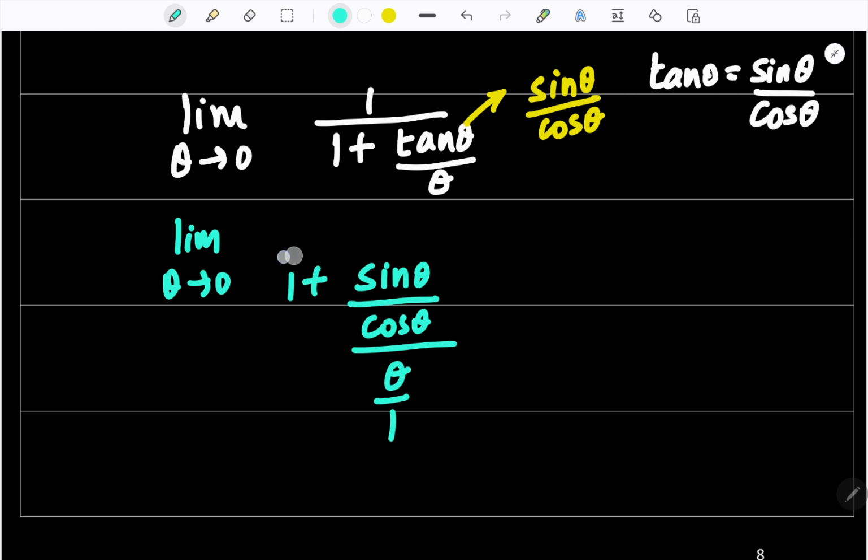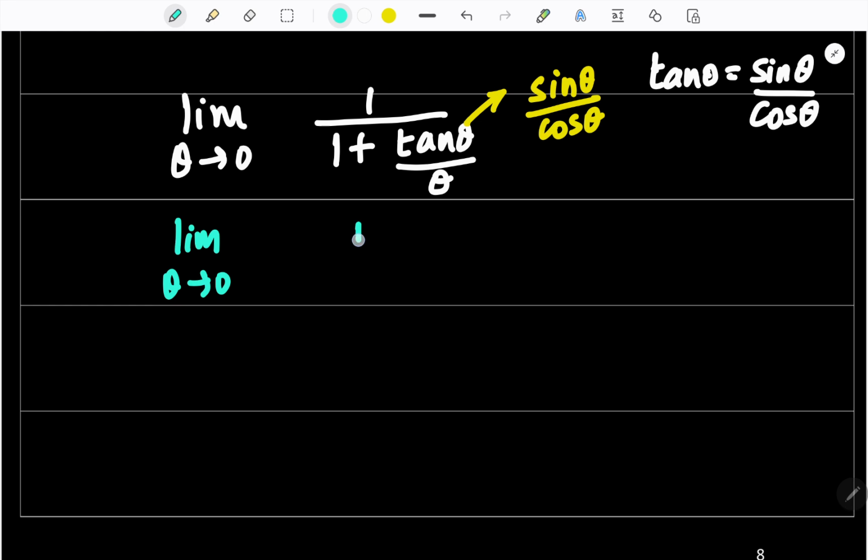So what I will do, I'll slowly change the steps because you will not find it easy. 1 divided by 1 plus, tan theta is sin theta multiply by 1 by cosine theta. Can I write like this? Is it okay for you? I think yes, right? Or I will do like this.